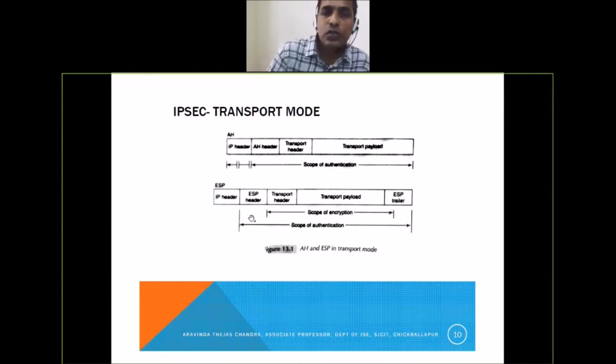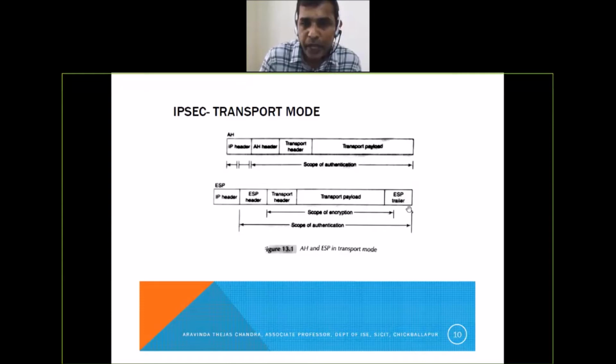So now, the scope of encryption. In transport mode, which are the bits that are encrypted? Because ESP provides confidentiality, we should encrypt. In AH there is no encryption, whereas here there is encryption because ESP provides both authentication as well as confidentiality.